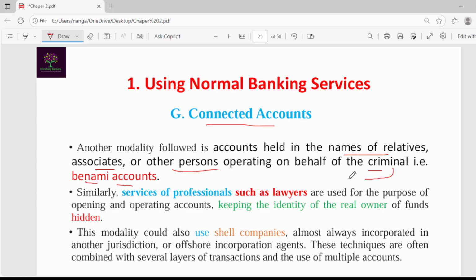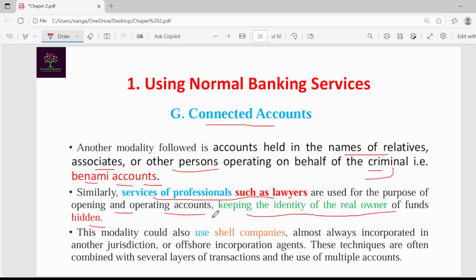Criminals only operate or use benami accounts. Criminals only do transactions in benami accounts. In the same manner, services of professionals such as lawyers are used for the purpose of opening and operating accounts, keeping the identity of the real owner of funds hidden.